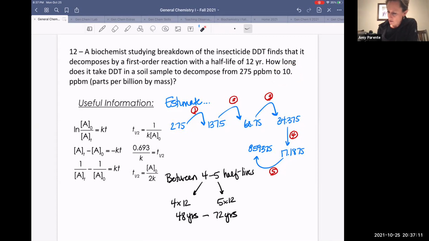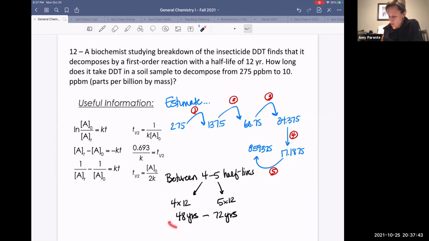I say, you know what, if I only went through 4 half-lives, I would have about 17 units left. Going through 5 half-lives, I'm going to have just under 9 units left. Because I want to know how long it takes to get to 10, I'm estimating somewhere between 4 to 5 half-lives are going to pass. 4 half-lives just means I multiply 4 times how long a half-life is.